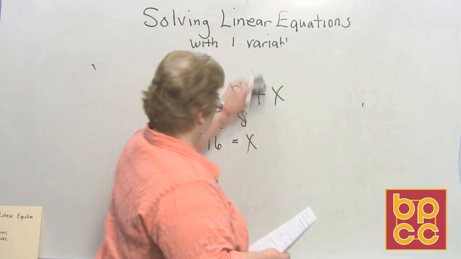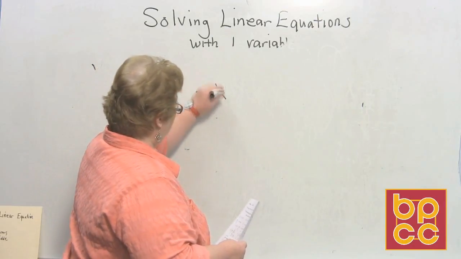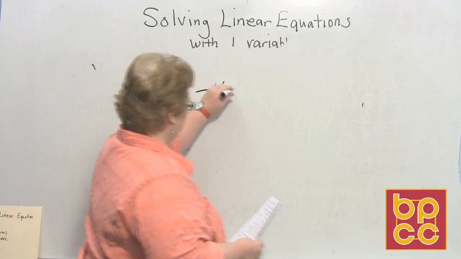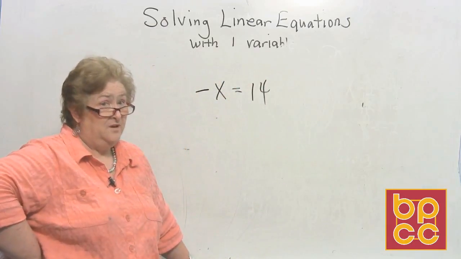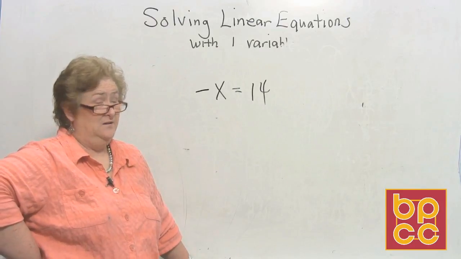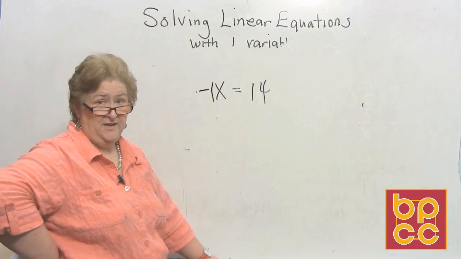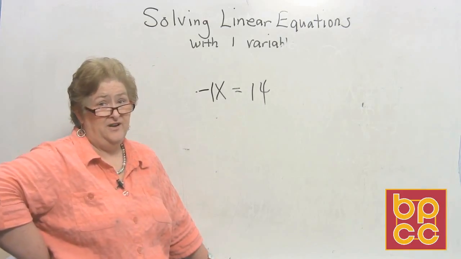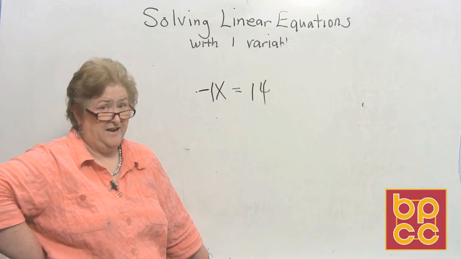Let's try this one. Okay, I'm trying to fool you on this one. I'm going to do -x equals 14. Now, there's nothing to move. Everybody's on the proper side, but I have a -x or a -1x equal to 14. And I don't solve for negative numbers. I solve for positive x or q or z, but I don't solve for negative x.